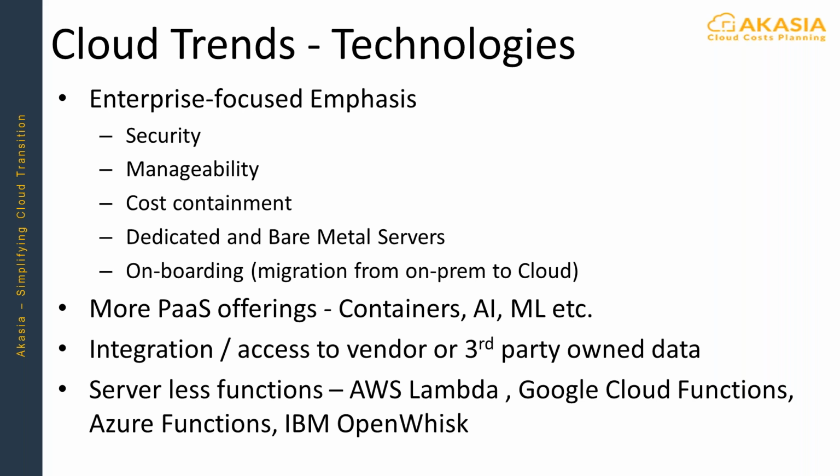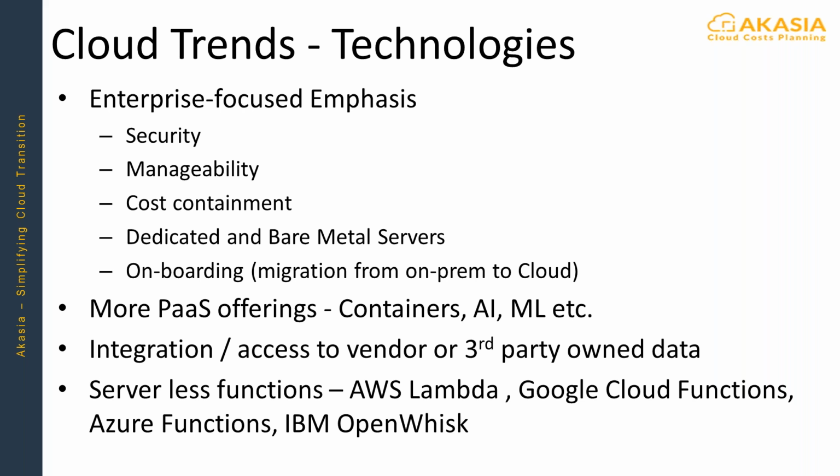The other thing we see is a lot of focus on onboarding. How do you help the enterprise transition from on-prem to the cloud as well? So we see a lot of those activities all around. In addition, of course, there is the addition of new technologies, PaaS offerings, containers, AI, machine learning, IoT, etc. Lots of platforms being deployed in the cloud that customers have access to.